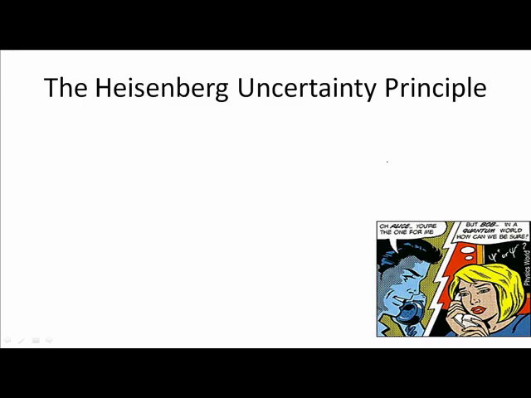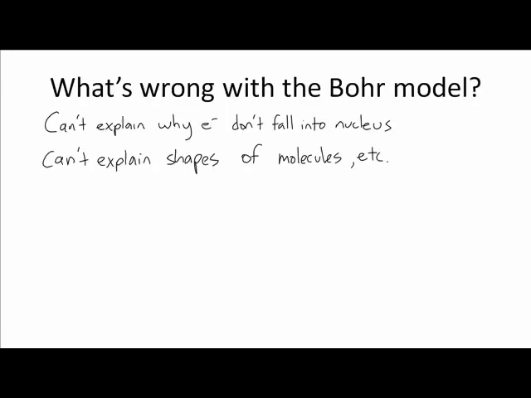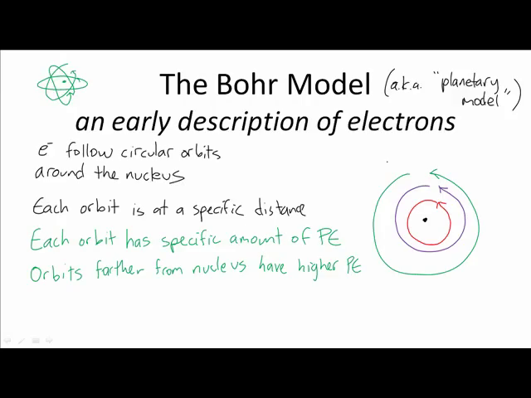So there's always going to be some uncertainty as far as where particles are. And having a model where particles are in a fixed orbit going at a fixed speed, because Bohr's model predicted, all right, in order to stay in orbit, it has to have this certain speed, violates that, because it's saying you know exactly where the electrons are. Electrons are in a specific place, and they're moving in a specific direction.